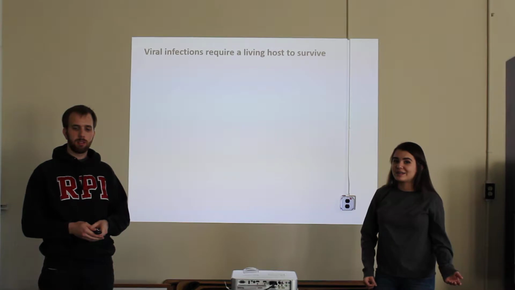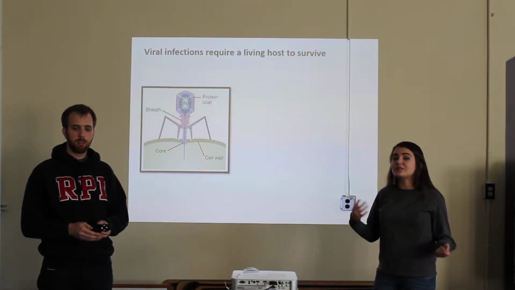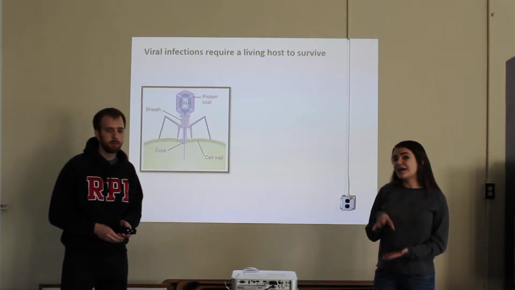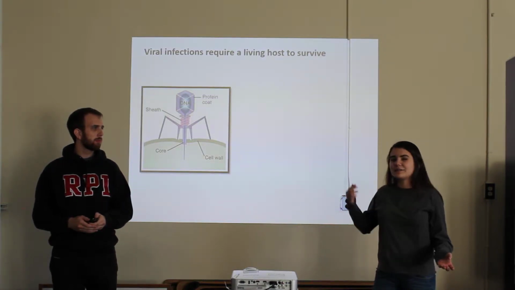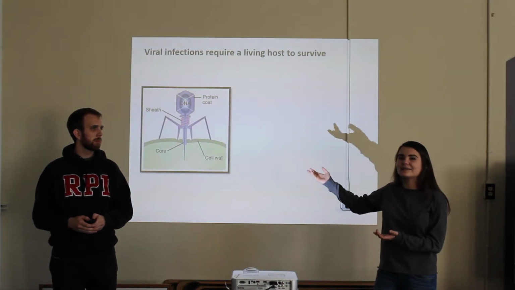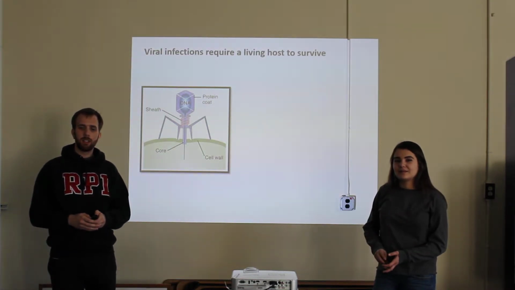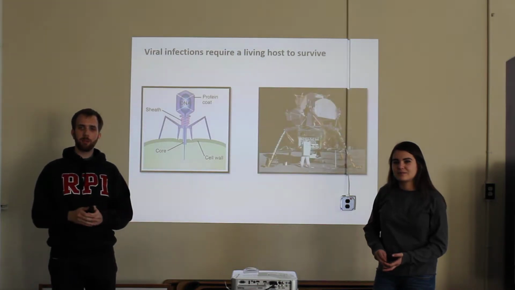But on the other hand, we have viruses. Viruses can't spread on their own, so they really need something to latch onto. As we can see in the diagram, they latch onto something that is alive to be able to spread their disease. And can anybody tell me anything that looks kind of like this that they've seen in the past? Think like spaceships. Yeah, aliens? Like the moon lander.